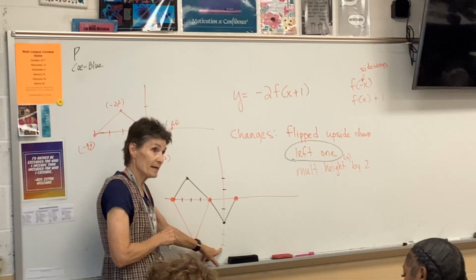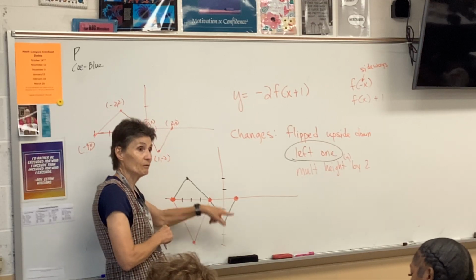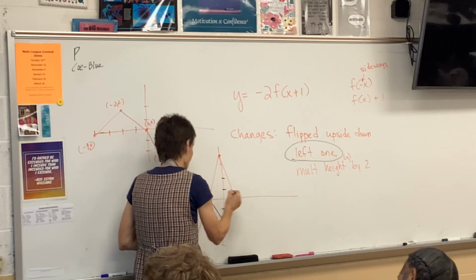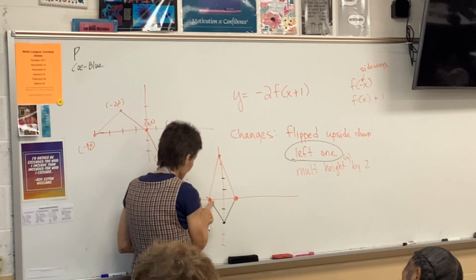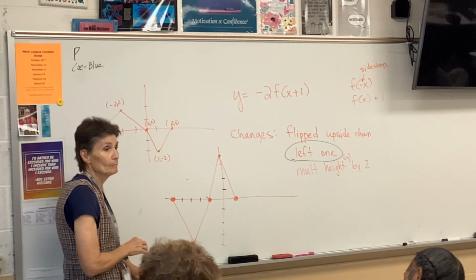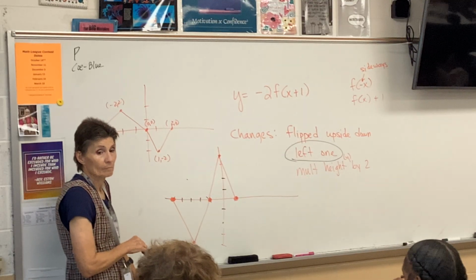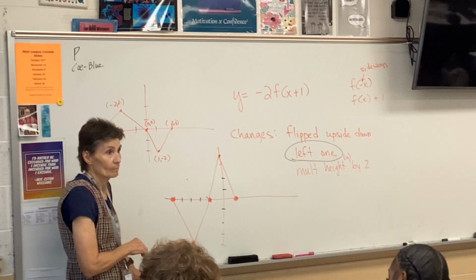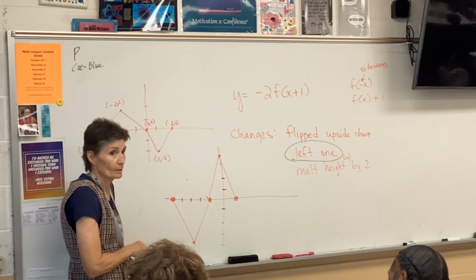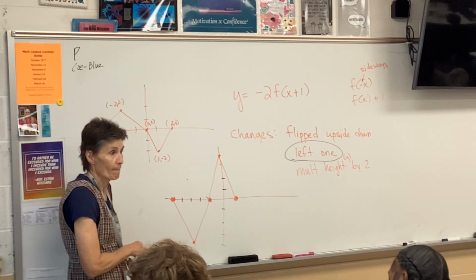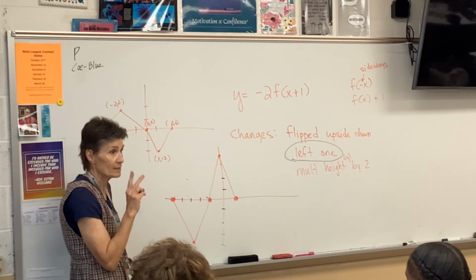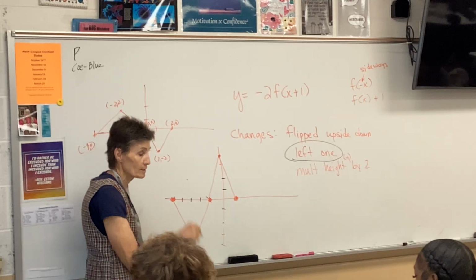It's going to become -4, but then it flips and becomes +4. So the red thing is my answer. Okay? You're going to have two of these on your quiz. It'll look just like this.